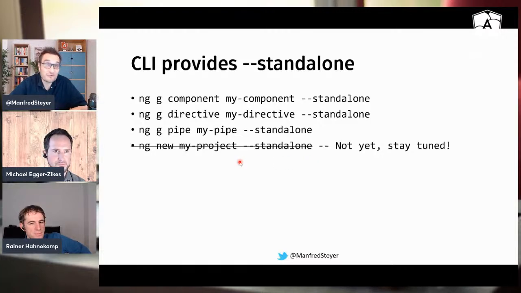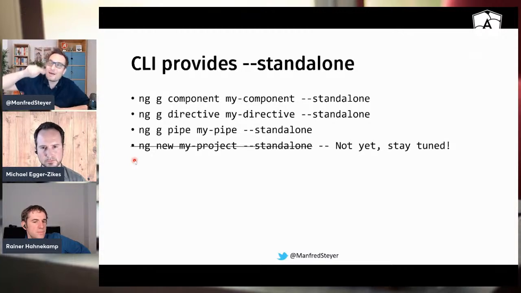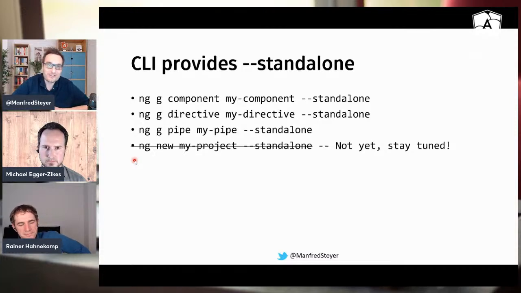And there is a reason for this. While writing the schematics for this is not that difficult, it would influence existing libraries. Because a lot of existing libraries like Angular Material or NgRx or other stuff have schematics used for ng-add. And you can guess what those schematics are doing. They are searching for an app module because their goal is to hook them into the app module, to import themselves into this app module.